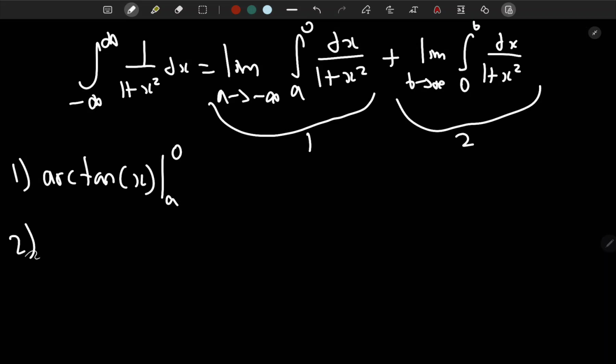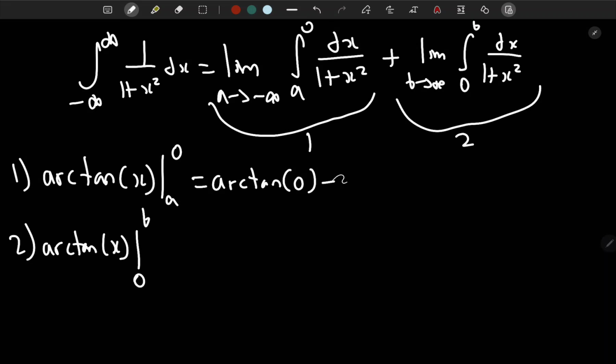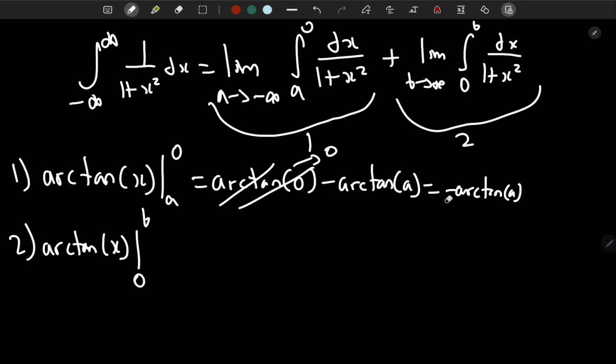And for 2, it's going to be arc tan of x from 0 to b, where b is positive infinity. So let's place the limits for the first one. They're going to be equal to arc tan of 0 minus arc tan of a, and we know that arc tan of 0 is 0, so I'm going to cancel this out. So here all we have left over is negative arc tan a, and we can take the limit now.